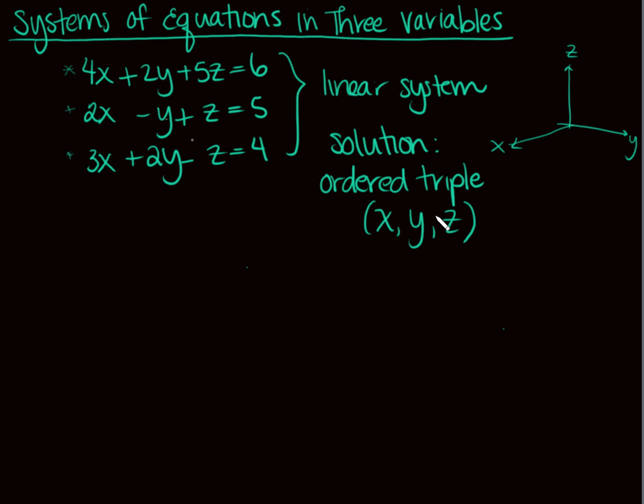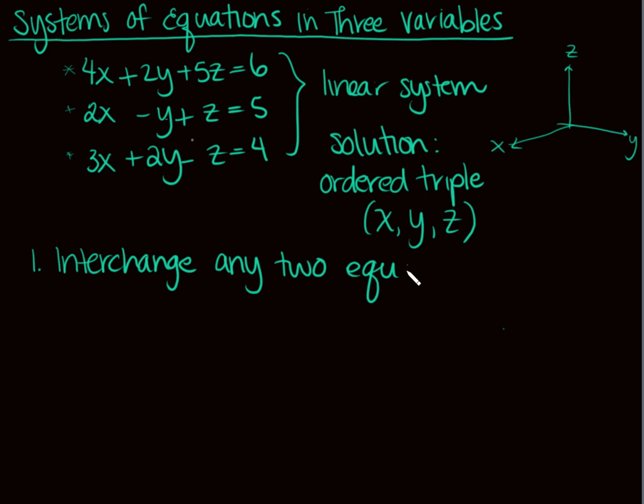A couple things we can do with systems of three equations without changing the solution. We can interchange any two equations. So I can write the second one as the first, stuff like that. That does not change the solution or solutions to the system.